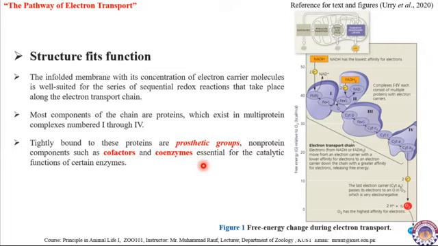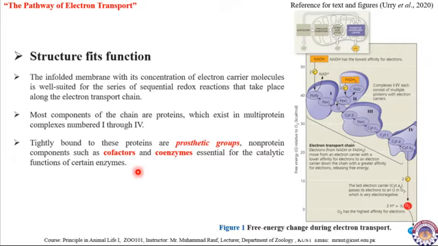Now here we have two more terms, cofactors and coenzymes. What is a coenzyme? Coenzymes are organic molecules, and they quite often bind to the active site of an enzyme, and it helps in the substrate recruitment.